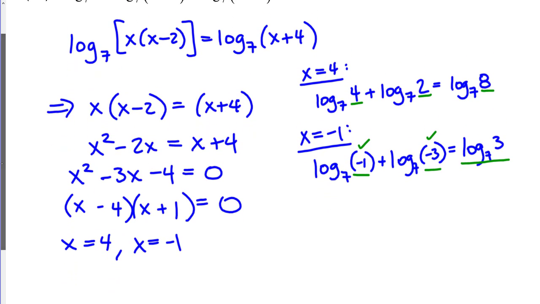So I just come back down to my solutions, and that right there is perfectly fine to indicate to your instructor on a test that you found that solution, but you're throwing it out. In the homework, sometimes they'll just ask you to answer with the actual solutions. So in this case, you would just answer with 4. Sometimes they ask you to answer the solutions and the extraneous solutions so that you show that you're knowing what each one is.